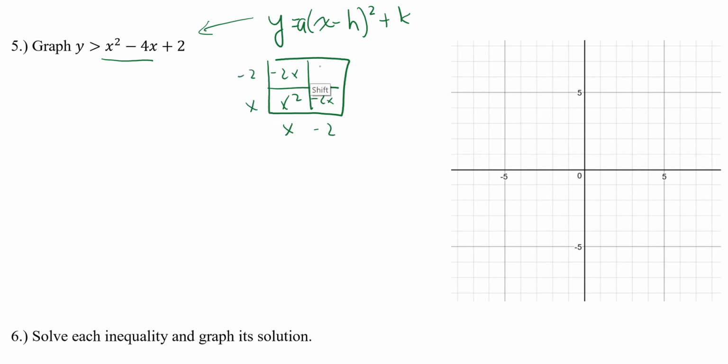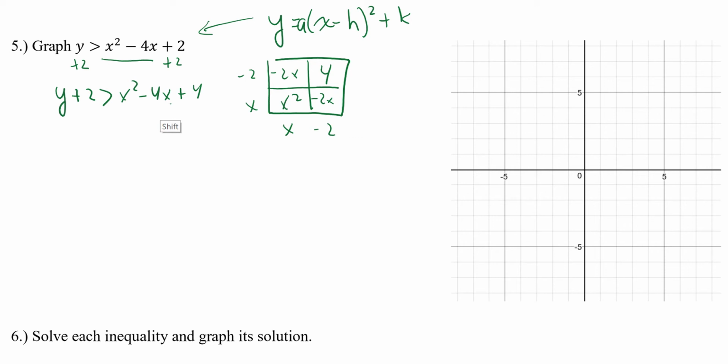Negative 2 times negative 2 is 4. So in order to complete the square here, this number has to be 4. So I'm going to add 2 here and add 2 here. So I get y plus 2 is greater than x squared minus 4x plus 4.